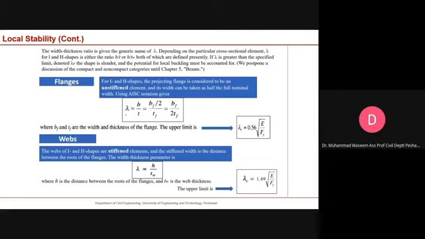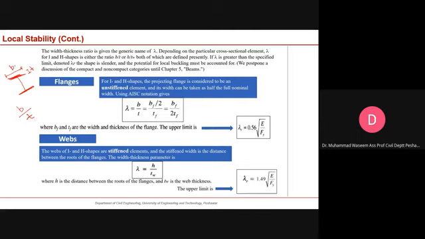For example, you have to calculate this lambda value, which is the ratio between the width and the thickness. This is for the case of a wide flange section. The width is b and the thickness is t, so you take the ratio of the two.